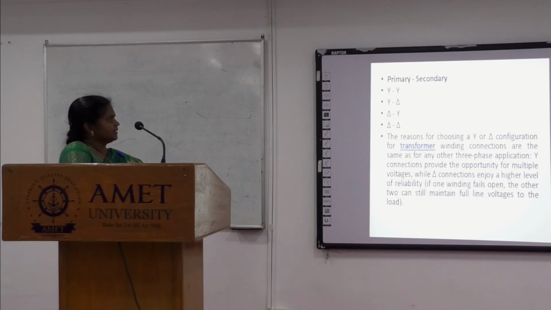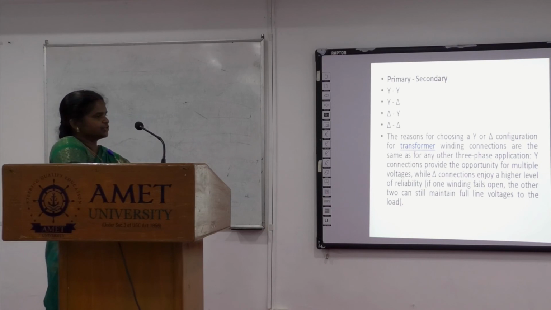But in a star connection, the phase current and line current will be the same. In delta connection, phase voltages and line voltages are always equal, but the phase current will be line current divided by root 3. So based on the voltage rating, current rating and the application where it is used, we can select any type of connection: star-star, star-delta, delta-star or delta-delta.